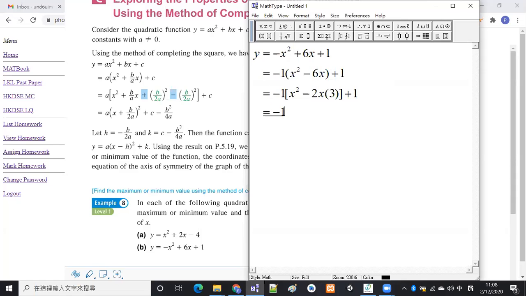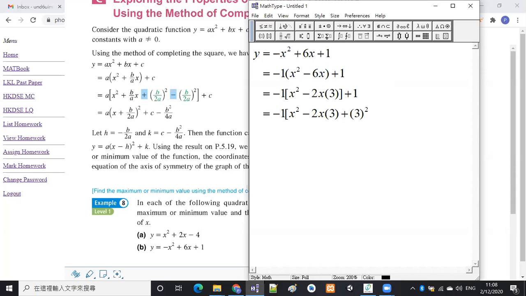Okay, and then we will add another term. And that term will be, so this is x squared minus 2xy, and then I need a y squared. And y is equal to 3 this time. So I need to add a 3 squared.